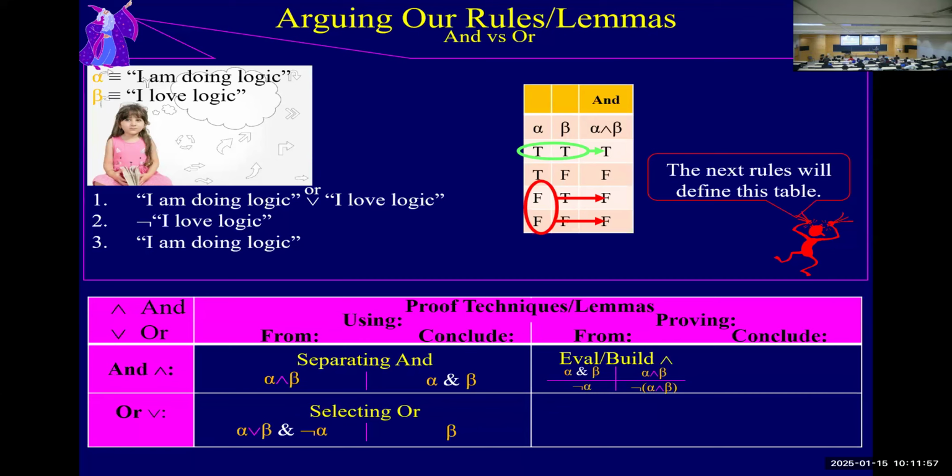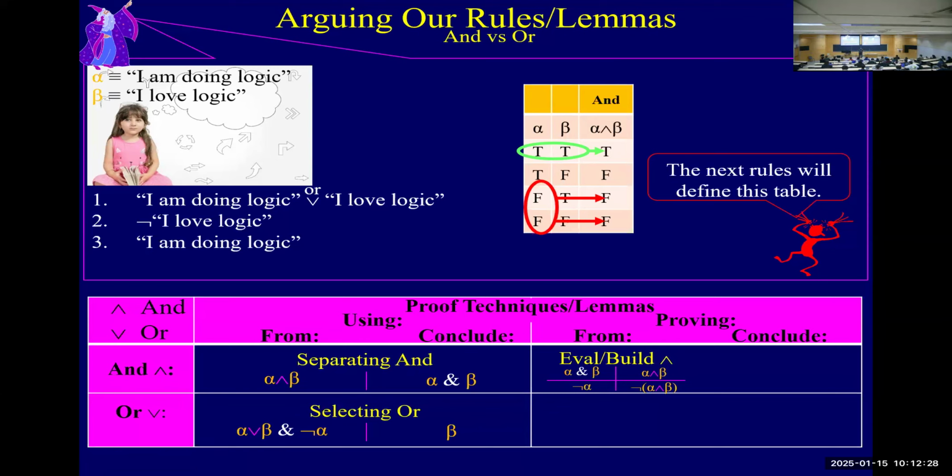But certainly together, these ones here very explicitly define and. Again, we have the two different and symbols. This says that if you have a line of your proof in which you've proved alpha, and you have a line of your proof in which you prove beta, then you can build from those and conclude a line of your proof where the and is true, right?